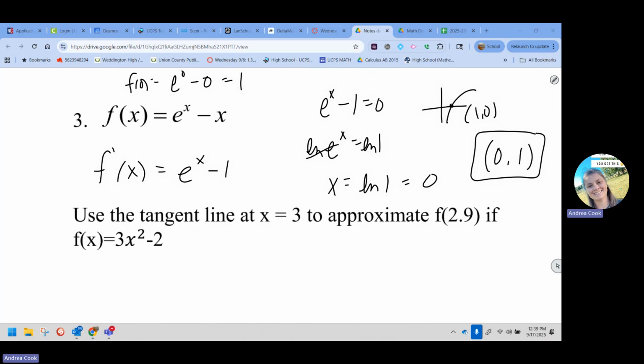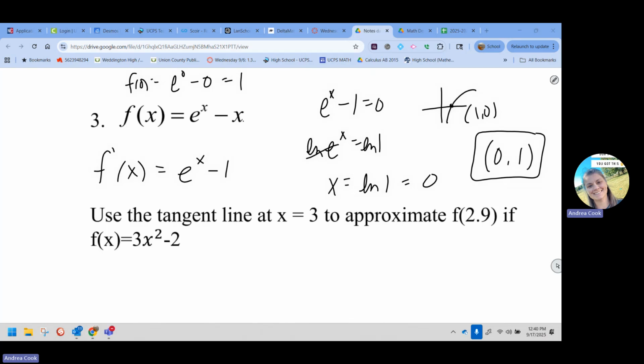Yes, question. I don't know. Okay, excellent question. So the question is, how is that graph going to have a tangent? I honestly do not know what that graph looks like either. That's not one we have to memorize. Shall we look at it real quick?